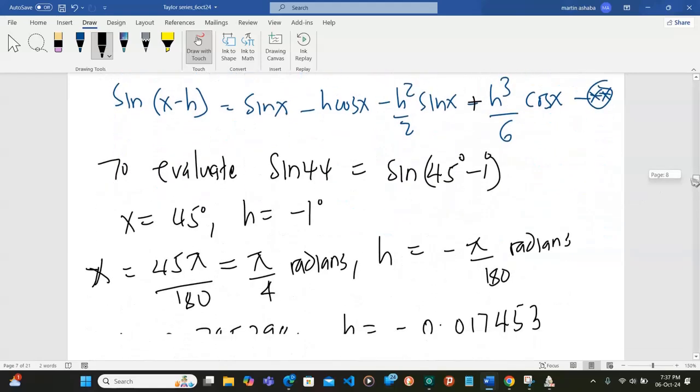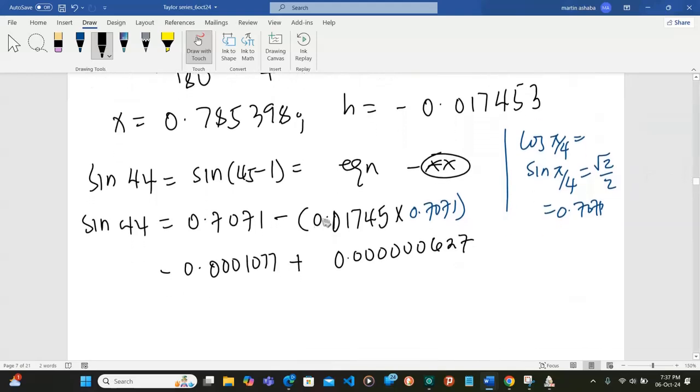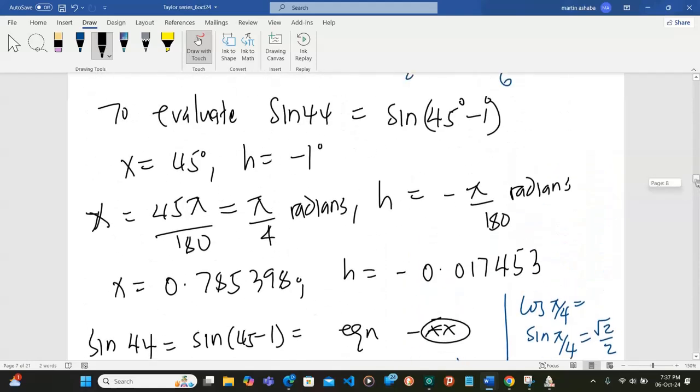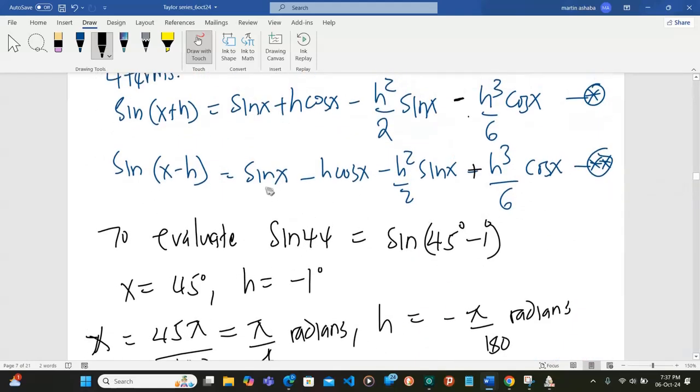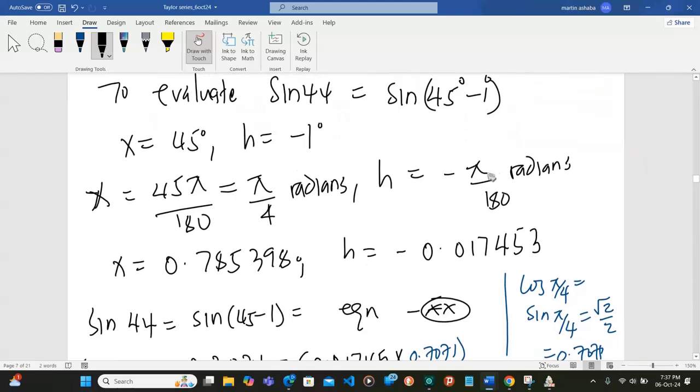So now when I come back here, when I'm substituting, I will have 0.7071, which will be the sine of x, that is sine of pi out of 4, then minus h, which we calculated as negative pi out of 180 radians, and we are having 0.01745.